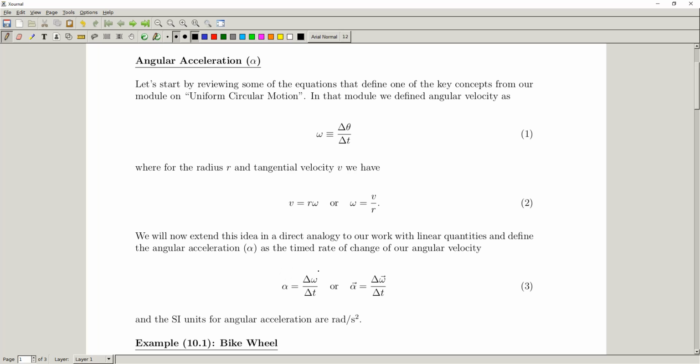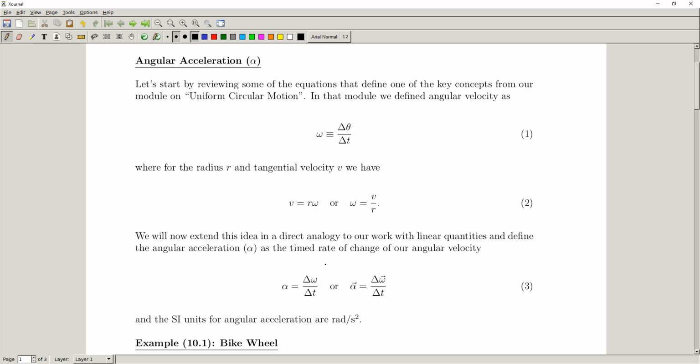Angular acceleration is the timed rate of change of our angular velocity, so it's a change in our angular velocity over the change in time. Normally we would think of this as a vector quantity, so angular acceleration would be a vector and angular velocity would be a vector, but we can also write it like scalars.